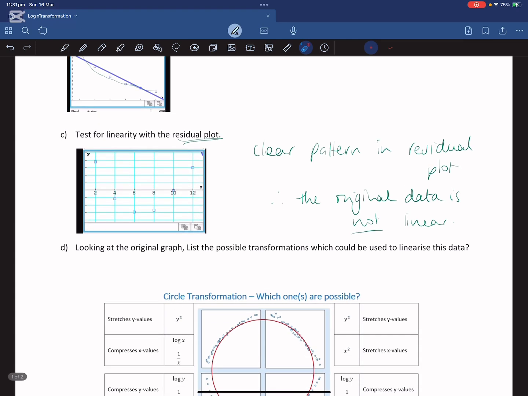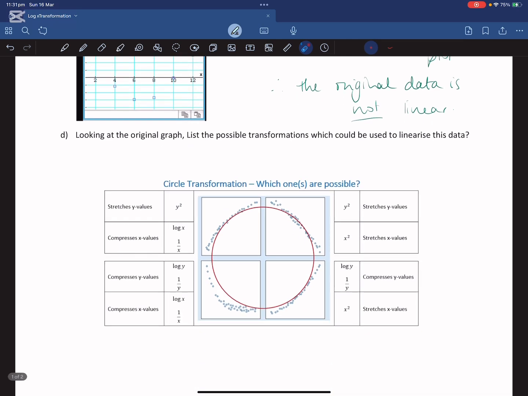What you need to do, this is for the SAC, is you need to copy that bend with one of these bends in the circle. Now, what students get a bit confused about is you're only looking at a quadrant at a time, not the whole circle.